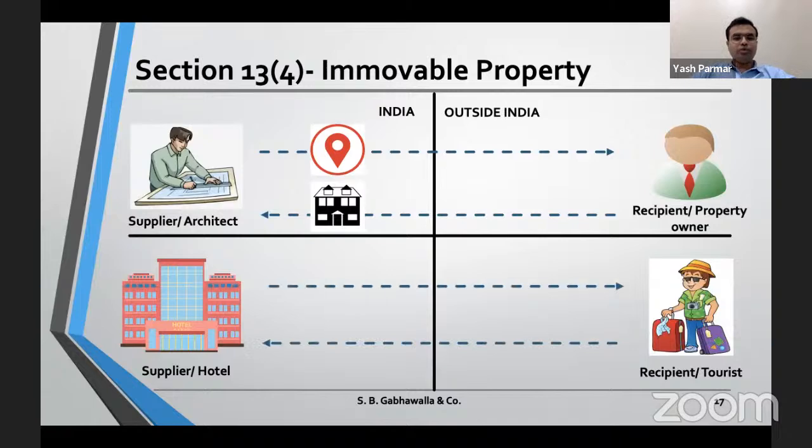Though this tourist is a resident of a foreign country and the hotel is supplying accommodation service to a person resident of a foreign country, because this hotel is located in India, as per the provisions, the place of supply will be the location of the immovable property, that is the location of the hotel. Therefore the tax will be payable in India, because the place of supply is defined to be the location of the immovable property, which is India.